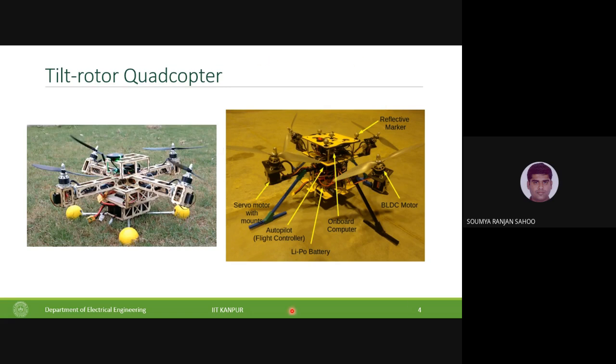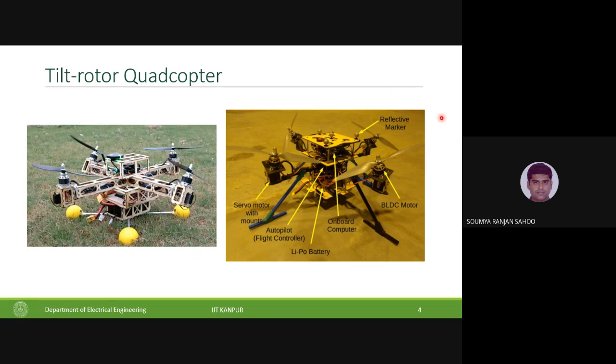We have an indoor Vicon positioning system, which needs these IR reflecting markers, basically gray spherical balls. The cameras capture the motion of these balls and compute the exact position and attitude of the vehicle moving in this positioning system. So for that, these reflecting markers are there. But I'll show you the Aruco markers that we used in the next part of my talk.